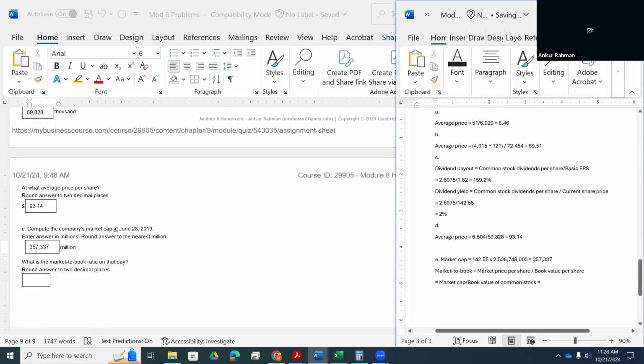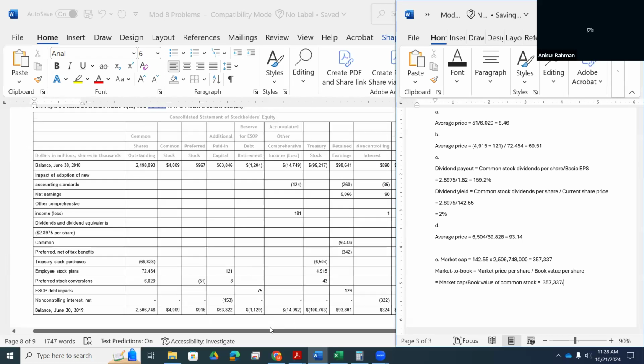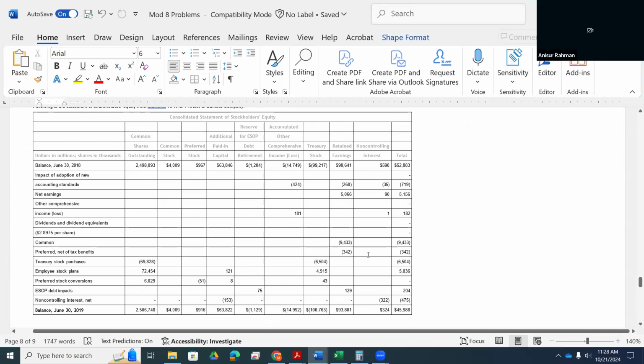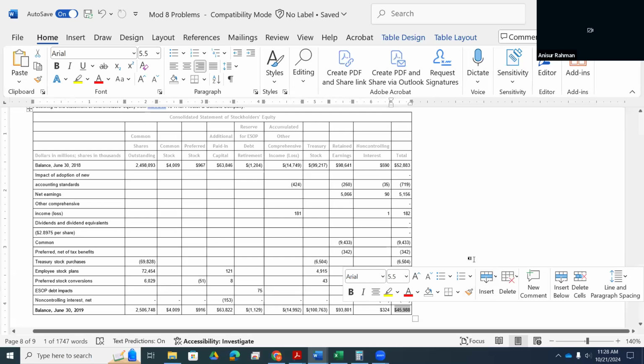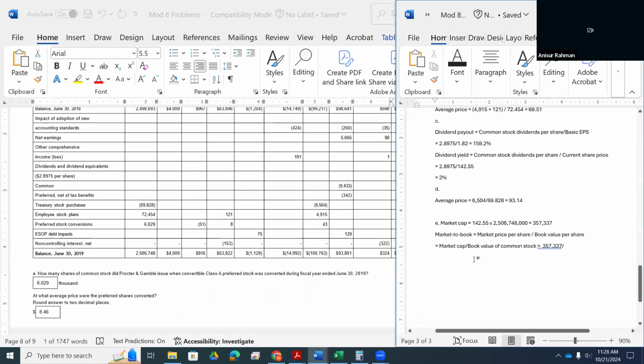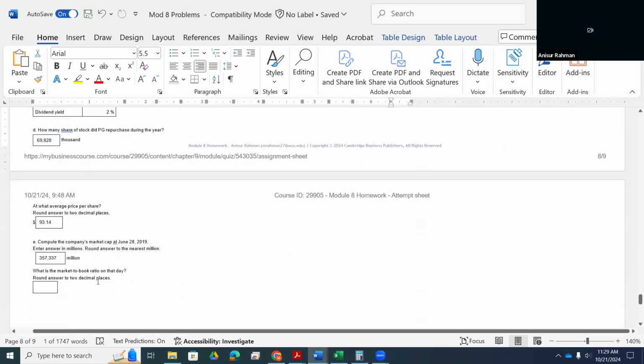So market cap, we already calculated this much, divided by our stockholders' equity, 45,988. So 7.77, to 2 decimal places.